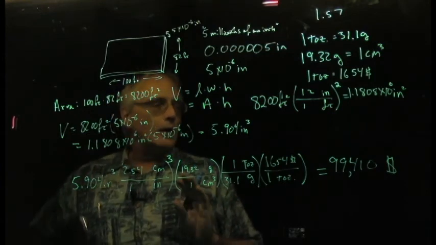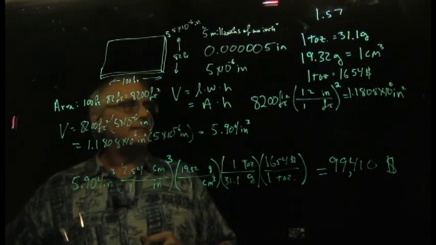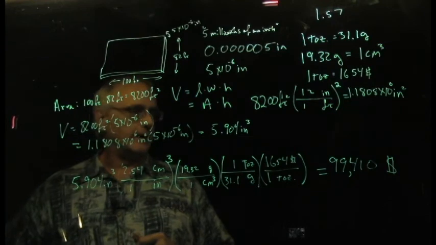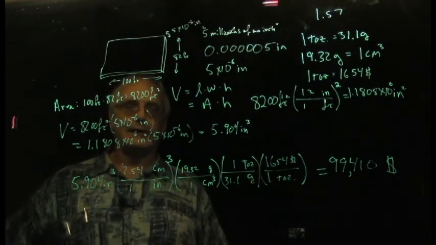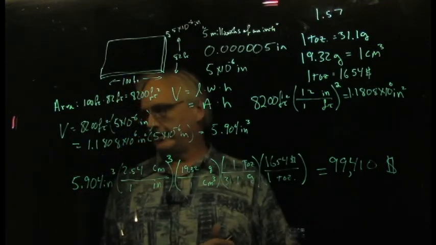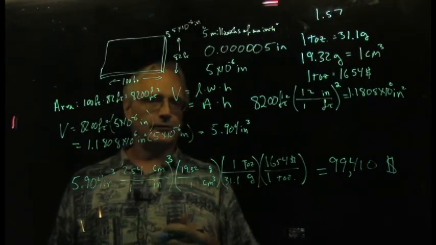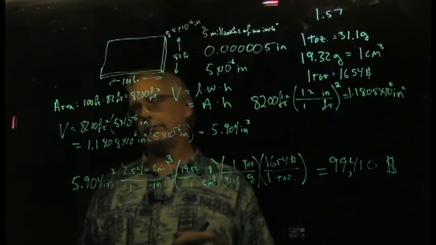Now, one thing you see when you look up the problem in the back of the text, because this one does have the answer back there. The answer that they give is not $99,000. In fact, it's closer to $60,000, 6 times 10 to the 4th.